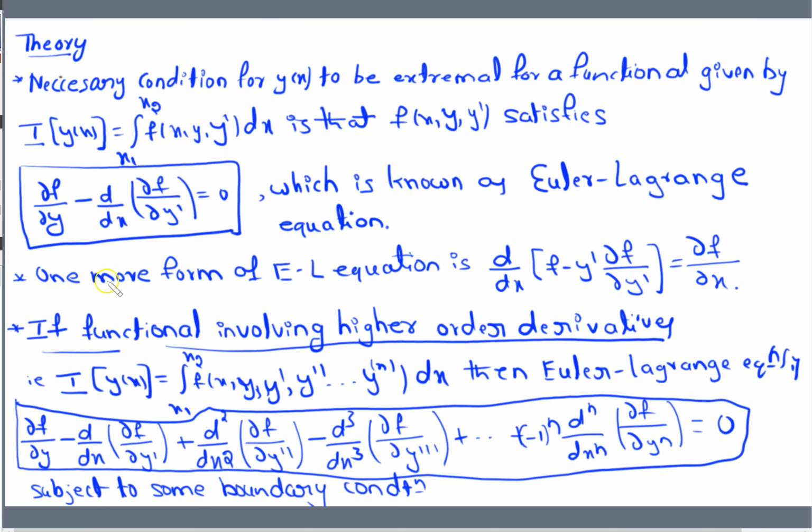Another form of this equation is d by dx of (f minus y dash dou f by dou y dash) is equal to dou f by dou x.